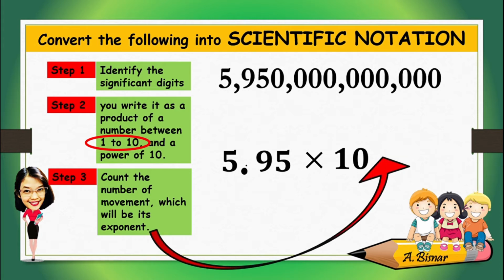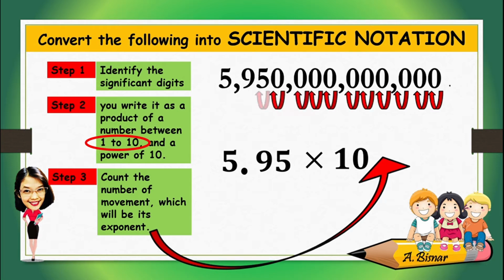And how will you do that? Since this number is a whole number, then the decimal point is on the right side of the last digit. So we will count from there. 1, 2, 3, 4, 5, 6, 7, 8, 9, 10, 11, 12.